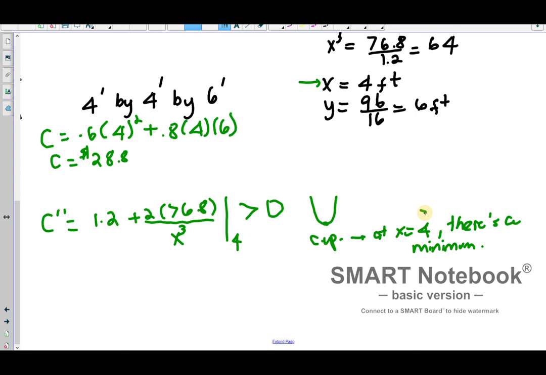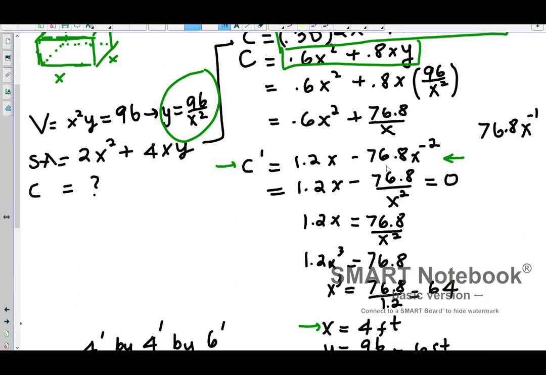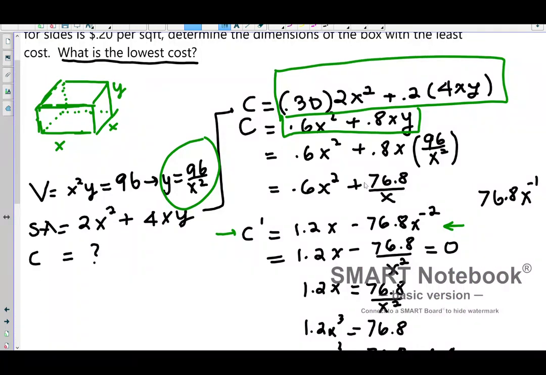And therefore, we have confirmed that we're looking for a minimum, and indeed we did find the minimum of the cost function. And one way to check sometimes the answer to these questions is you can actually graph the cost function when you have it in one variable only, like this one right here, 0.6x squared plus 76.8 over x, and confirm that indeed it does reach the lowest point when x is equal to 4.